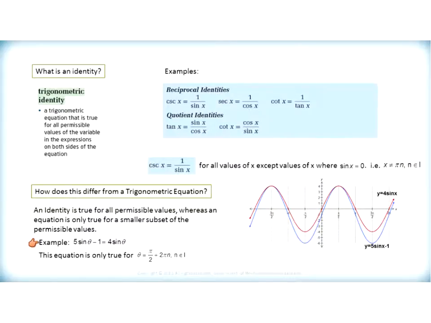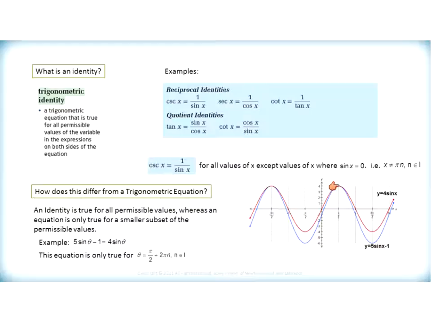As an example of that, let's take the equation 5 sine theta subtract 1 equals 4 sine theta. If we look at the graph of both of these equations, I've graphed both of them. The red one is the graph of y equals 4 sine x, so I've graphed the right side of the equation. And I've also graphed the left side of the equation, y equals 5 sine x subtract 1. And you can see that this equation is only true for these values of x.